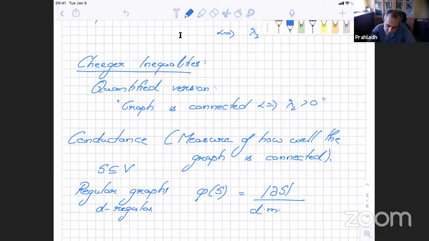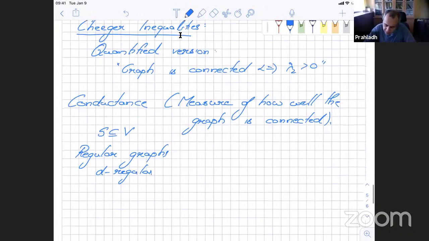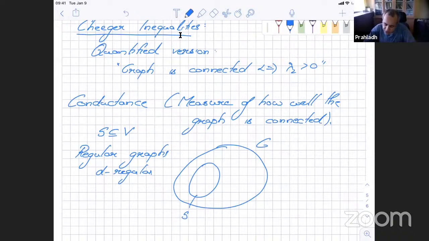Let me first draw a picture. There's this graph G over here, and S is some subset of vertices. What we are interested in is how well S is connected to the outside world.